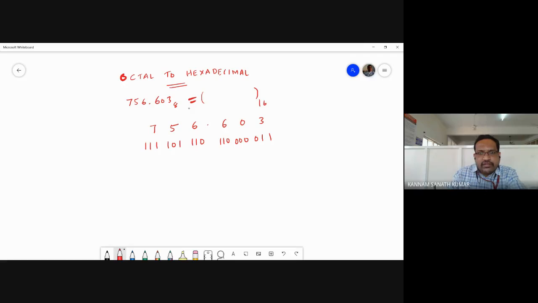Okay, so you got this value. Now what should you do? You should combine 4 bits. Why? Because 16 in terms of 2 power, we can write 2 power 4.